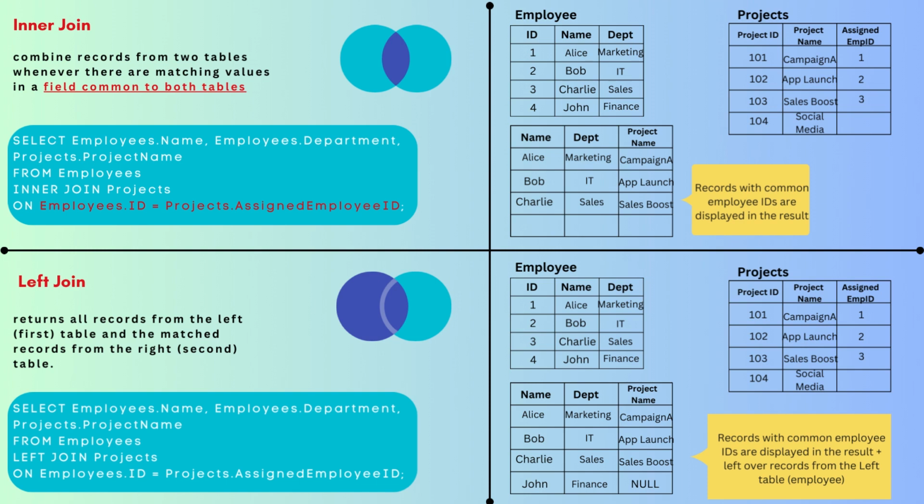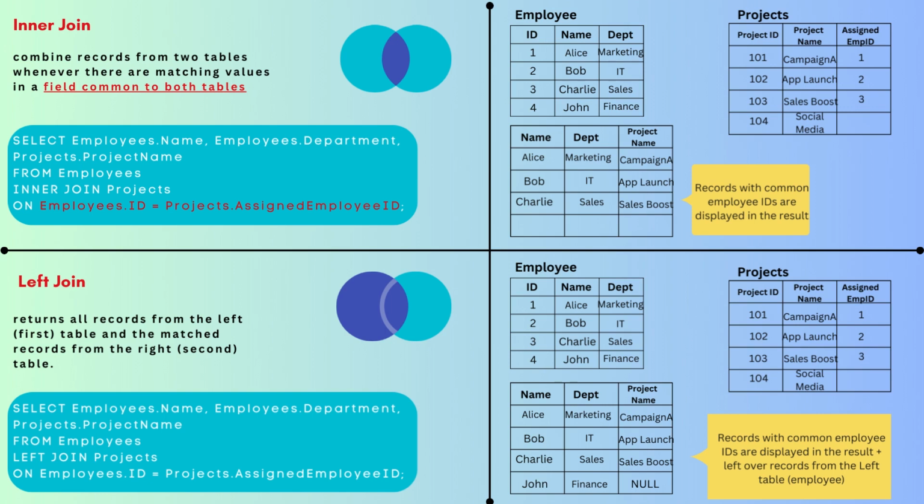Note that the employee ID of the employees table and the assigned employee ID of the projects table are the common column between these two tables. Based on this particular column, these two tables are related.